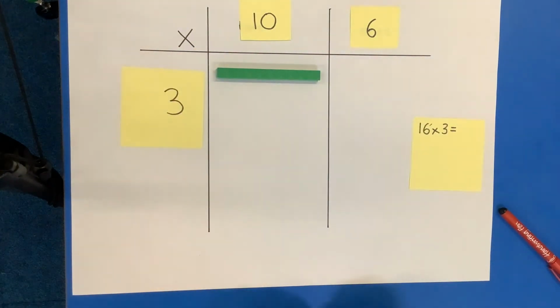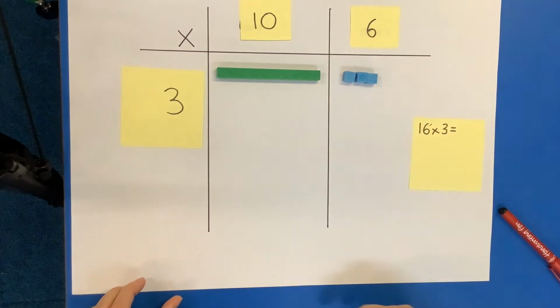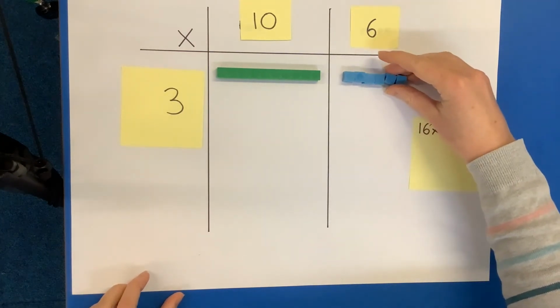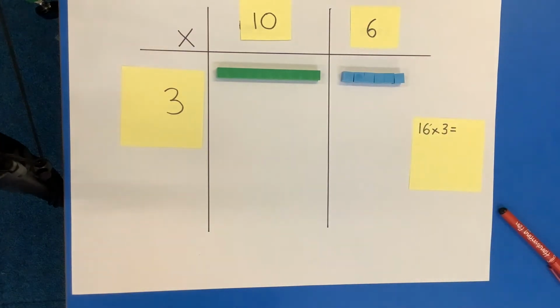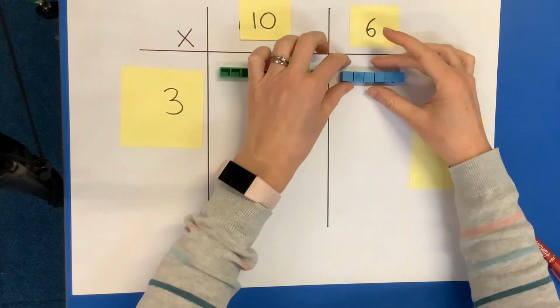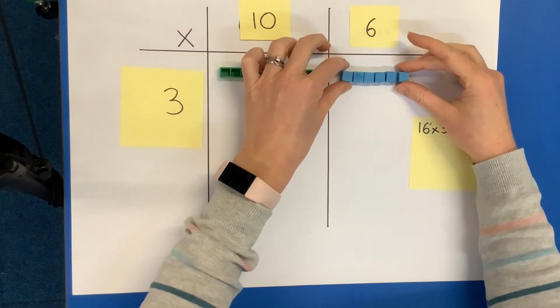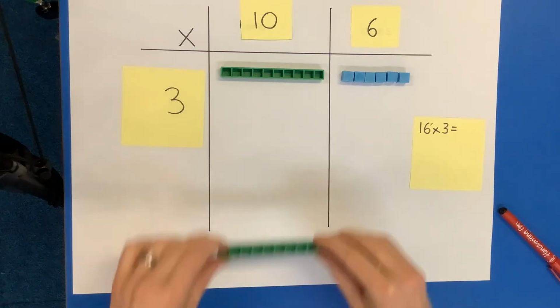So we've got 10. 1, 2, 3, 4, 5, 6. Okay, that is my first group of 16. Oops, let me turn that the other way over so you can see it more clearly. Actually, I might just put a tiny bit of space in between those so you can see those separately as well. I've only got one group of 16 so far.